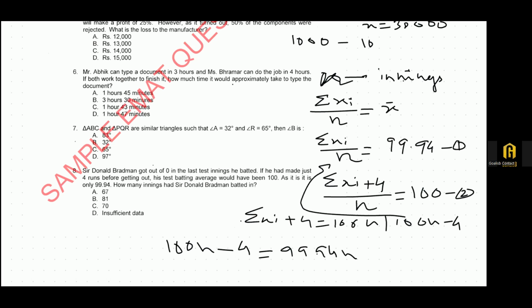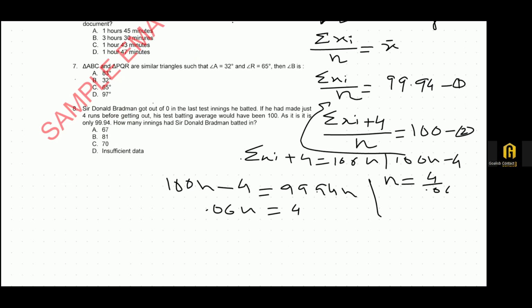So n will be equal to 4 upon 0.06. We'll remove the decimals. How do we remove the decimals? We multiply both the numerator and the denominator by the same number, 100. So n will be equal to 400 upon 6.